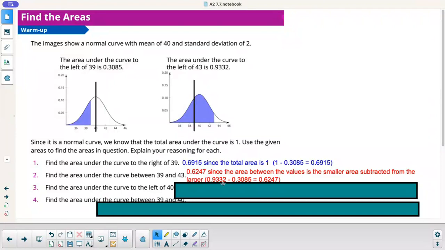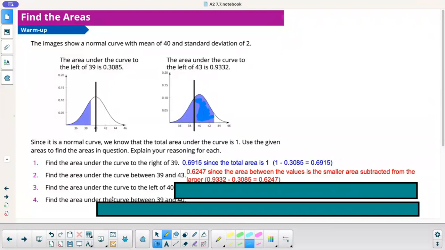So 0.9332 minus 0.3085 gives me 0.6247. So that would be this region right here.